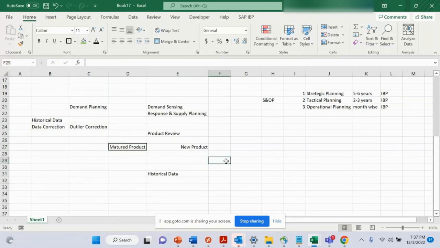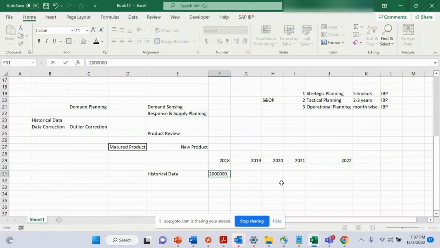Speaking at a very high level, say from the year 2018 up to 2022. Let's say my business has sold 2 lakh quantity in one year, 3 lakh in another, and 2 lakh 50 thousand in another.